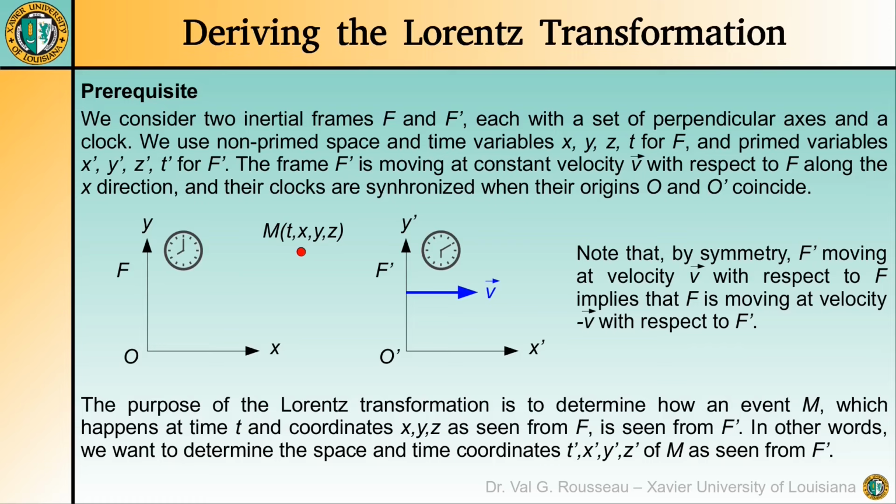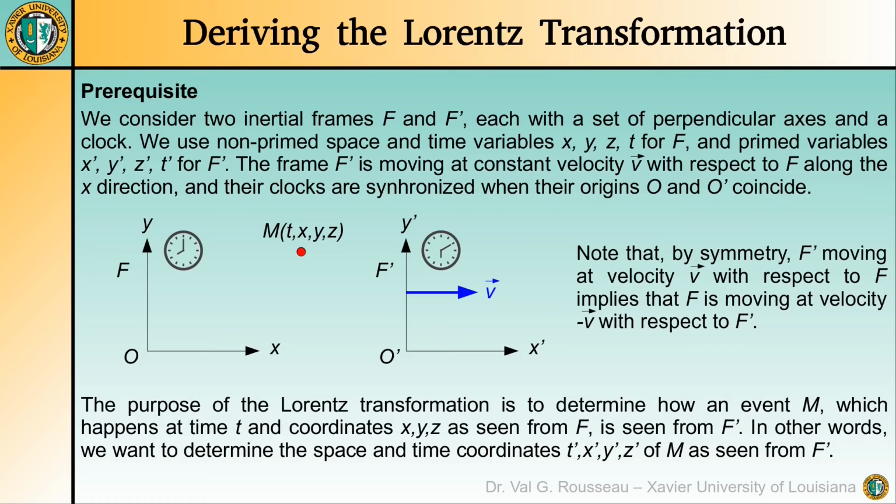So, in the following, we are going to take the frame F to be our frame of reference in which we are at rest, and F prime is therefore moving at velocity v. But it is important to note that the situation is perfectly symmetrical and that we can as well say that the frame F is moving with velocity negative v with respect to F prime.